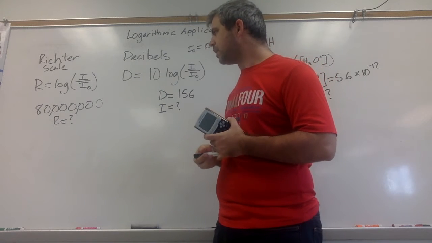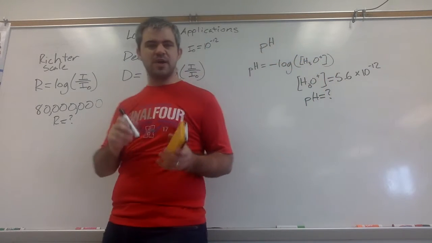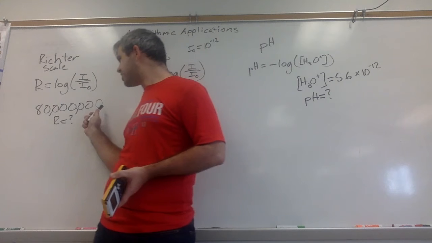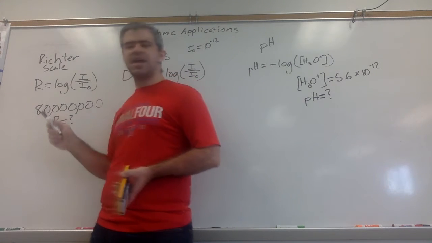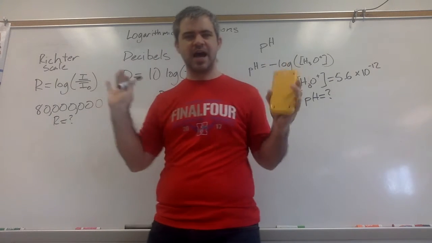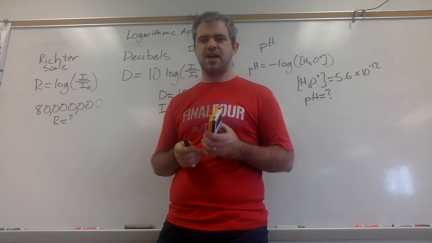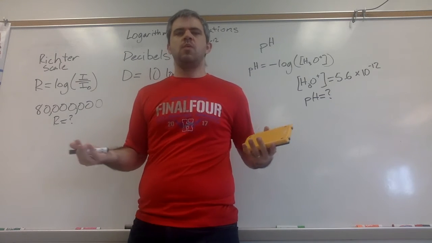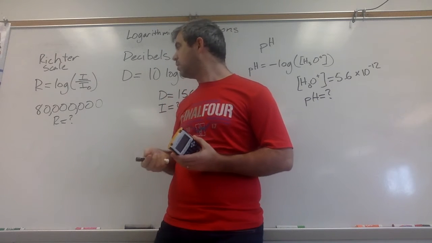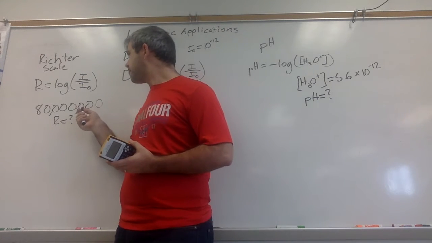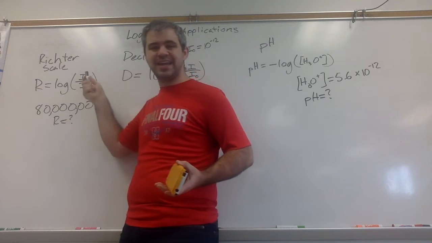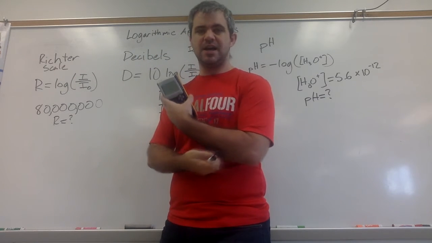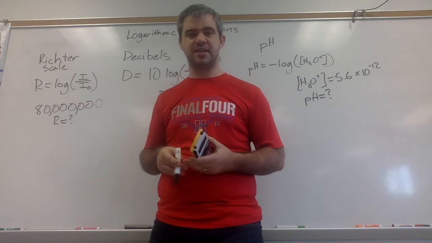What they give to you in the problem, though, is kind of weird. It says, what if you have an earthquake that is 80 million times as intense as a level 0 earthquake? Well, what would that give you? That's not the intensity, and that's not the base level intensity.